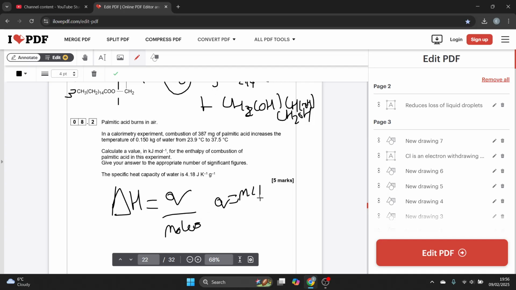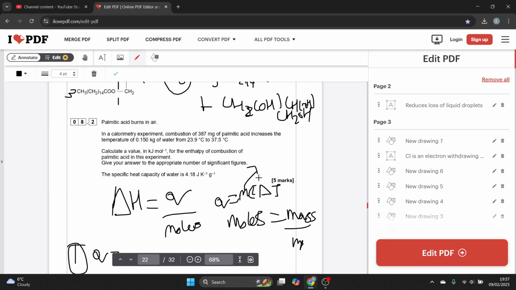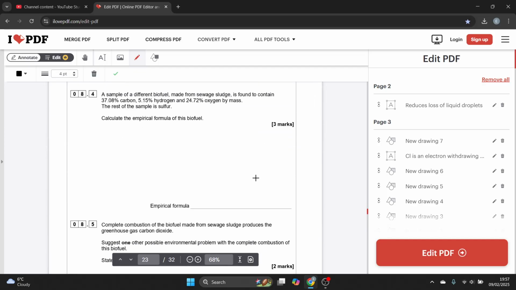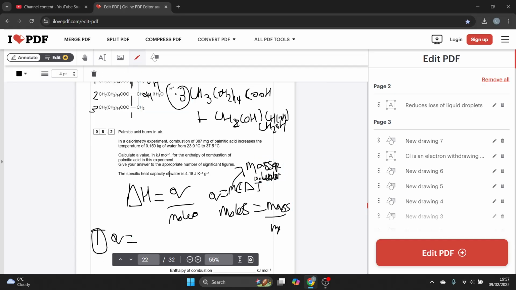Q equals mc delta T. Moles equals mass over Mr. First I'm going to use Q equals mc delta T, where m is the mass of water, and that's in kilograms, so it's going to be 150 grams times 4.18 times the temperature change, 37.5 minus 23.9. I'm going to leave that there.